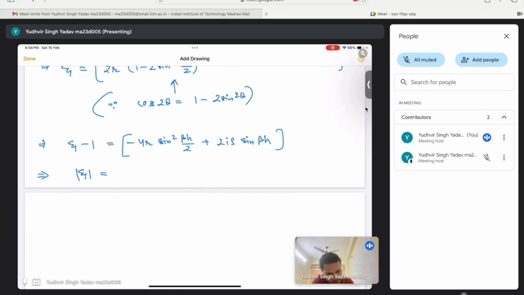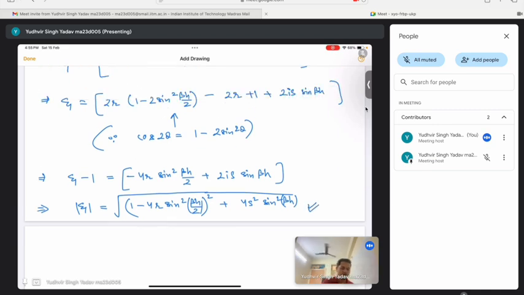If we take the modulus on both sides, |ξ| will be the square root of (1 − 4r sin²(βh/2))² plus 4s² sin²(βh). So this is the correct option, the required condition for the above difference scheme to be unconditionally stable.